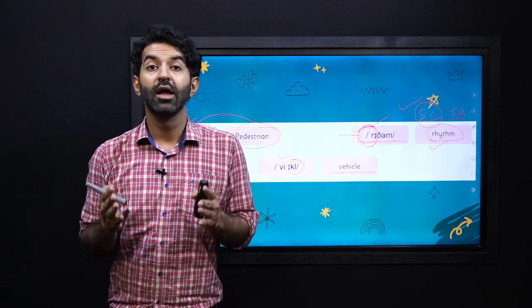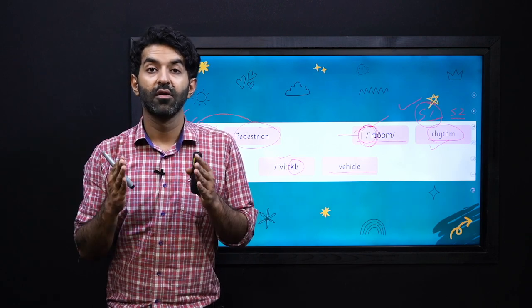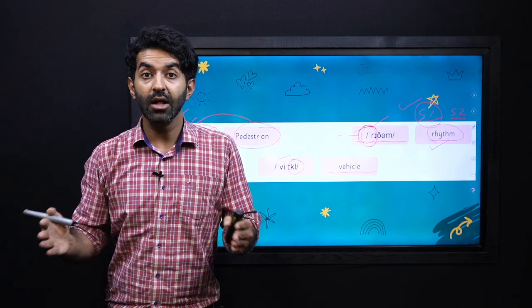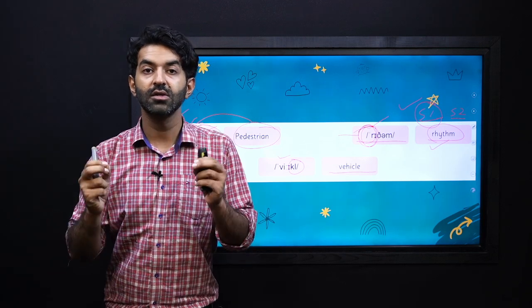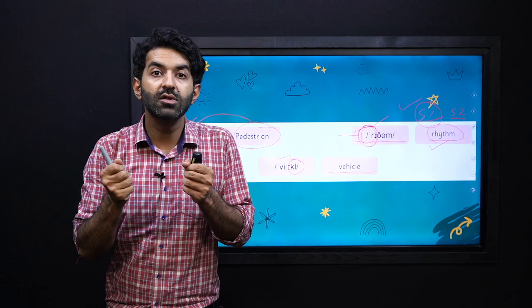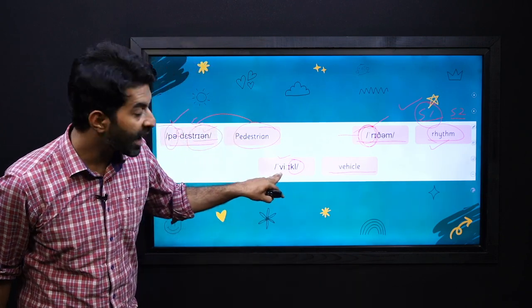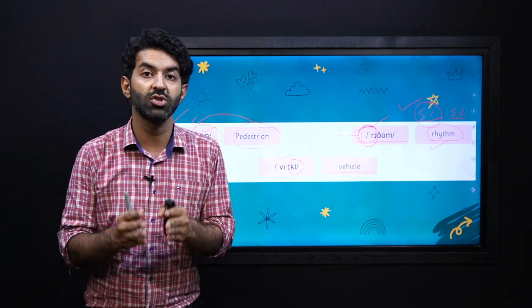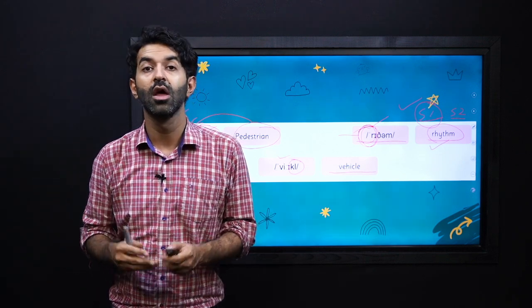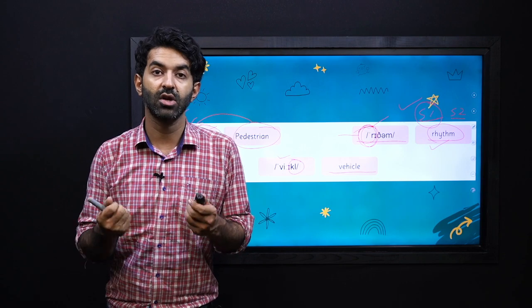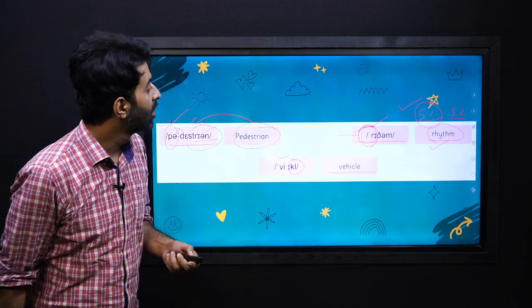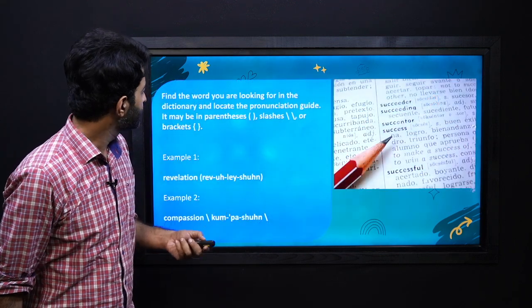This is because we have a sign, an indication in the pronunciation key that you can find in your different resource and reference materials like a dictionary or a thesaurus. So these were some examples.